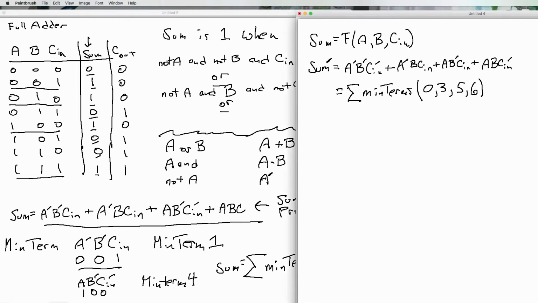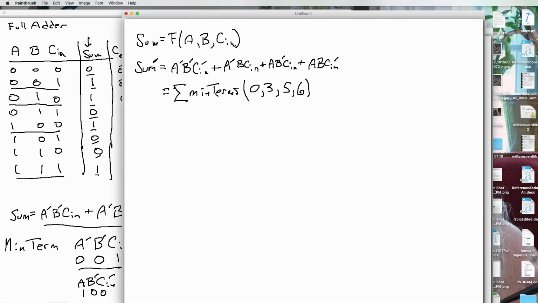But now, here's what I want to do. This is the whole point of this particular lecture here, is I want to come over here and I want to complement both of the sides of this. That might seem a little bit weird, but if I go sum prime prime, that of course is going to give me sum back. But that's not what I'm looking for.